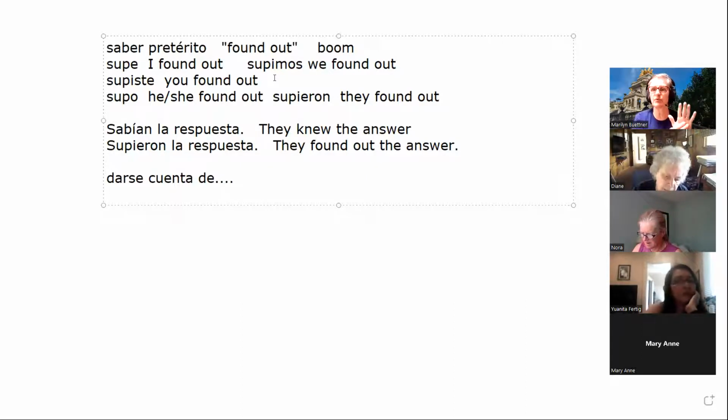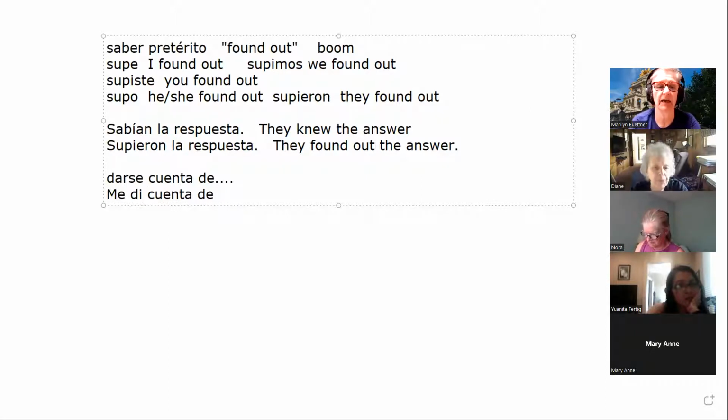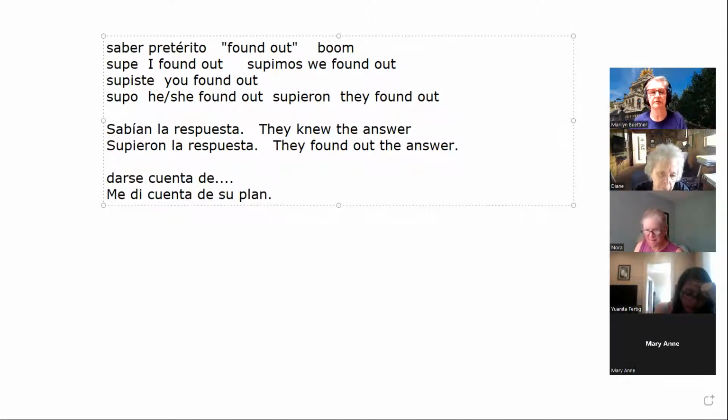It uses dar, which is very irregular in preterito. So it becomes me di cuenta de, sí, me di cuenta de su plan. I realized their plan. Can it kind of mean that? Are these interchangeable?